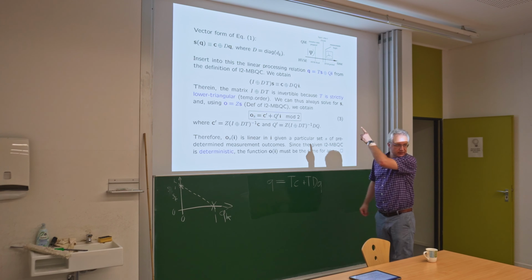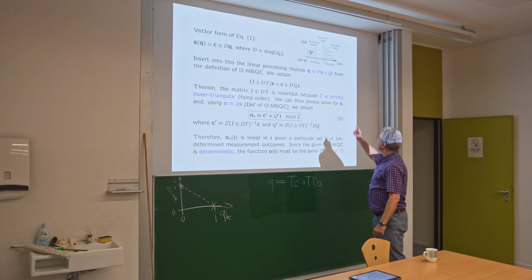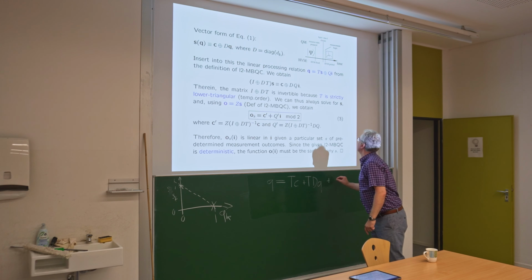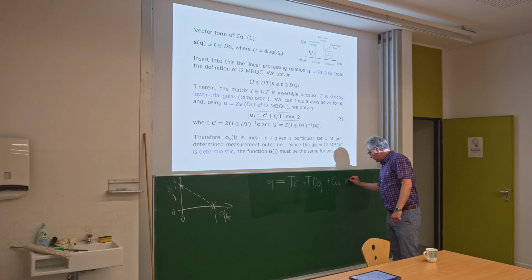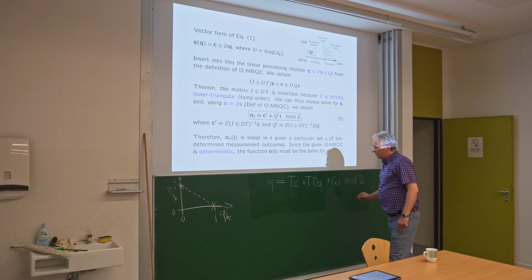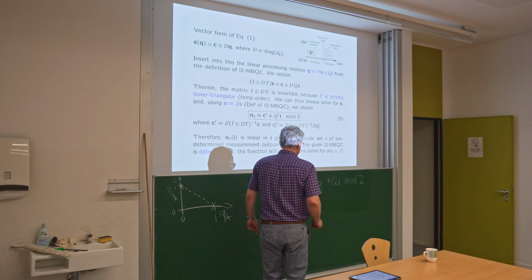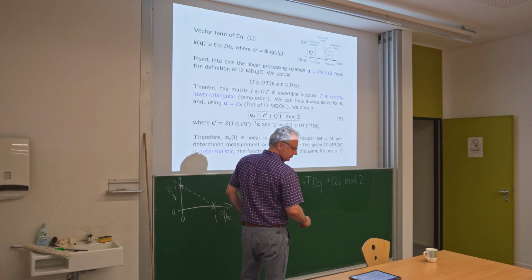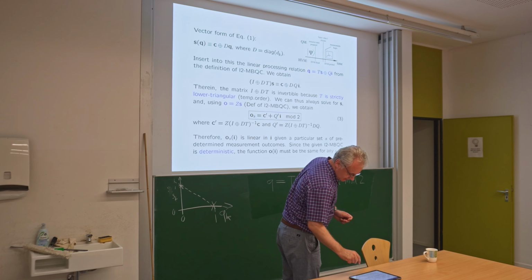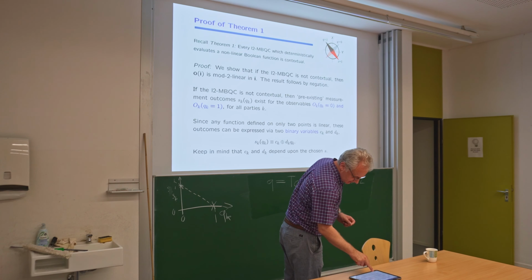Just you see, inserted. And then we have this leftover term Q times input vector I, and this is all modulo 2. So, last time, what did we solve for?